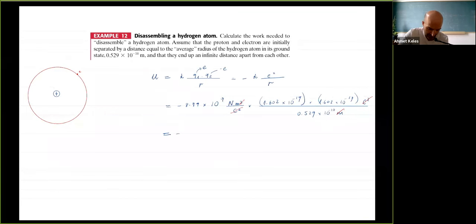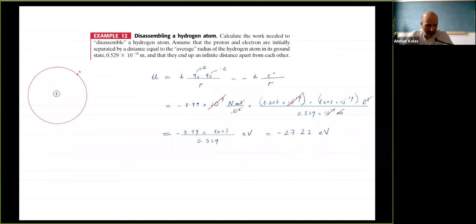So this is minus 8.99 times 10 to the 9 times 1.602, since the powers of 10 to the minus 19 cancel, divided by 0.529, and my unit is electron volt. Let's multiply these numbers and see. This is equal to minus 27.2 electron volts.